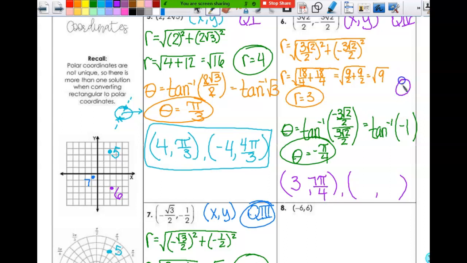And if I think about that on the circle, see this -π/4 ends me right there, but so does 7π/4, right? I need to know how I land here so I can use a -3. That's in the second quadrant. That would be 3π/4. Does somebody have a question? No?